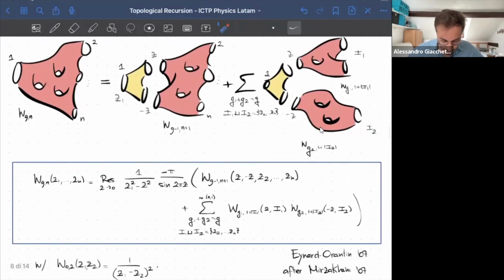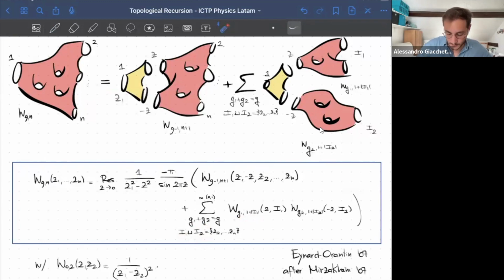And there is still something that I didn't explain, which is this no (0,1). So in this formula here, you are not allowed to take one of these g and one of these I_1 or I_2 in such a way that you end up with a topology (0,1) here.